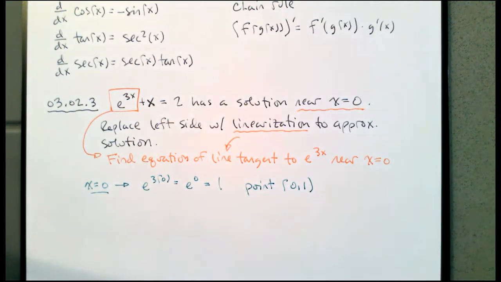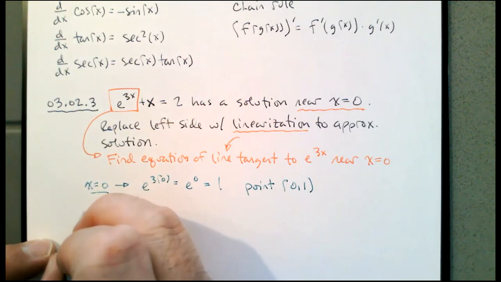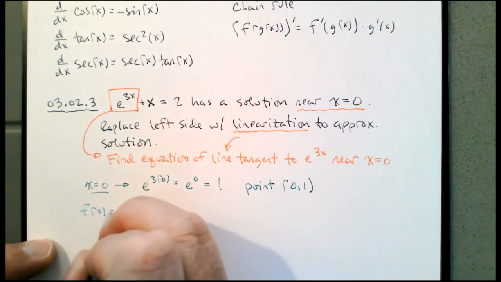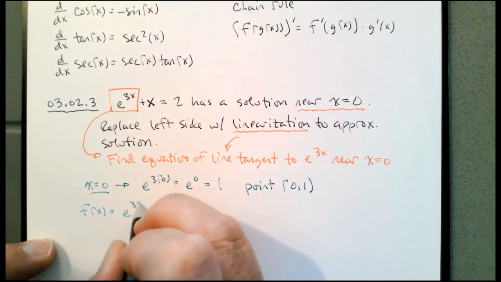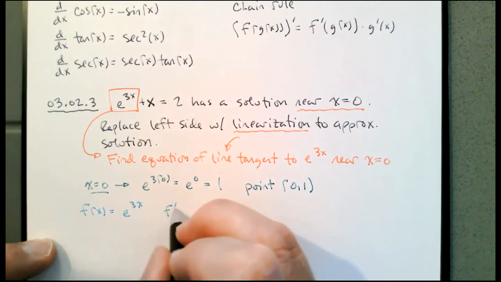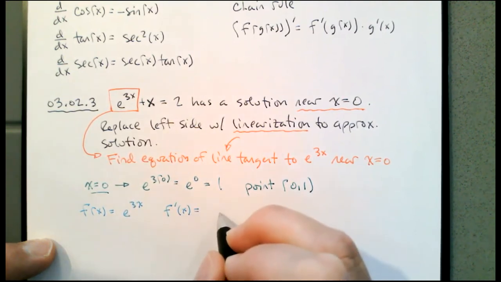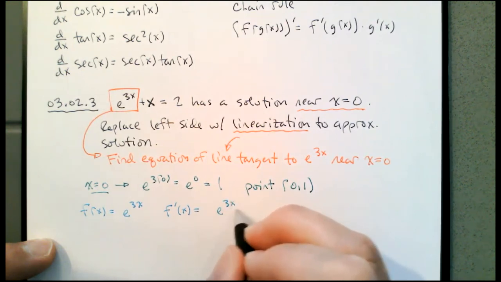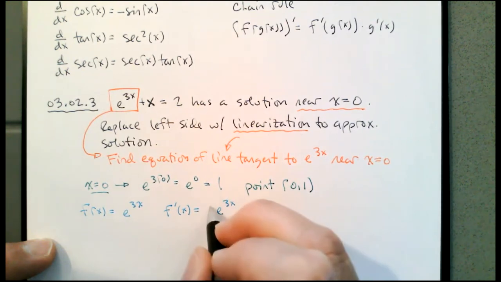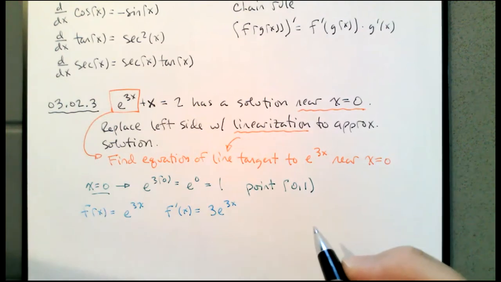The slope of the line is going to be the derivative of the function. So if our function f of x is e to the 3x, then f prime of x is e to the 3x times the derivative of the inside using the chain rule, 3.